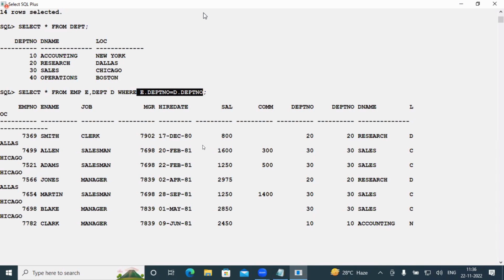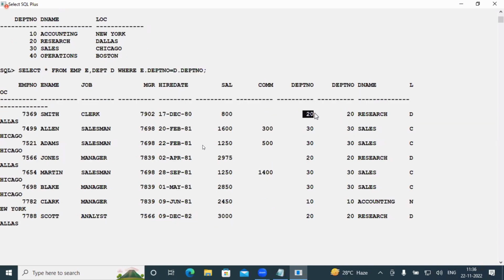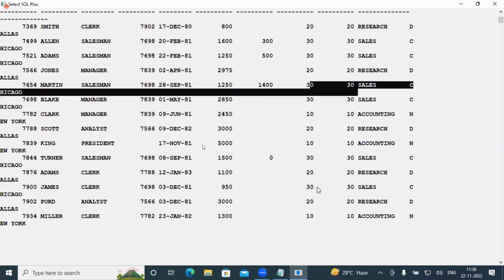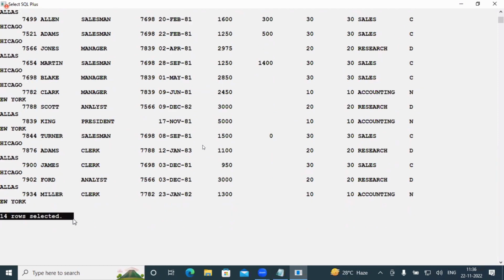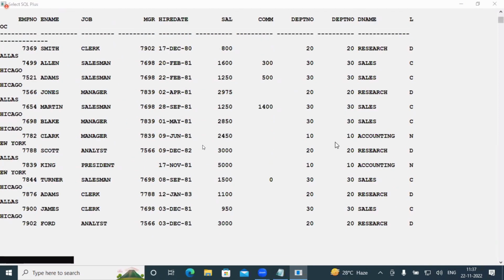All matchings are showing, total 14 rows, because I'm using the equal operator. So 40 is not showing. Why is 40 not showing here?